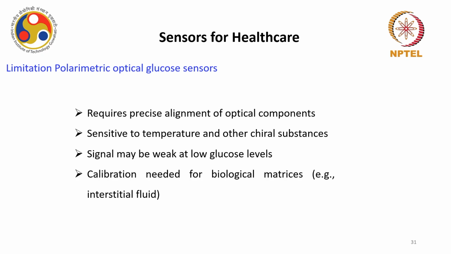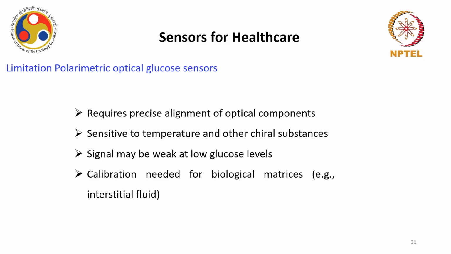So you require precise alignment of different optical components, including the light source, polarizer, and other things. These devices are sensitive to temperature and to other chiral substances in the blood. We know that there are several other chiral molecules available in the blood, so they can pose a significant amount of interference.